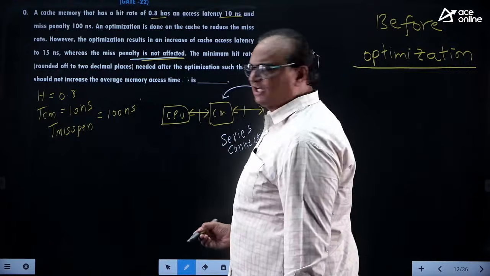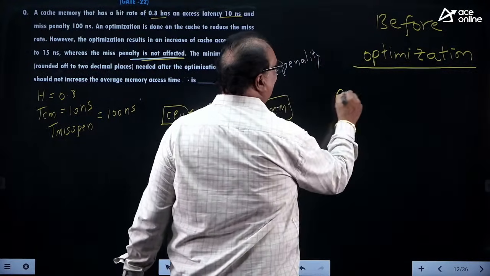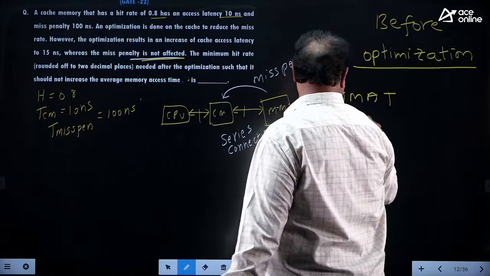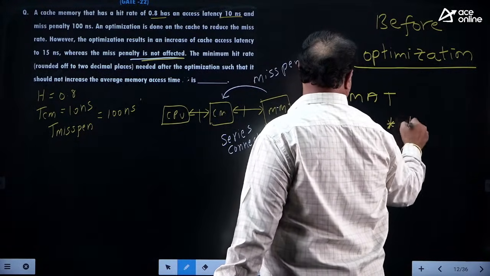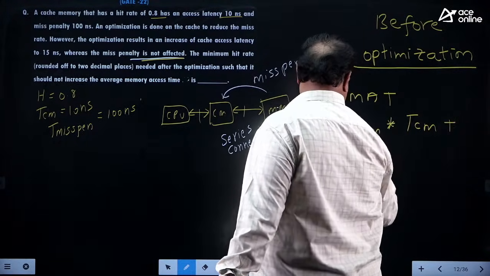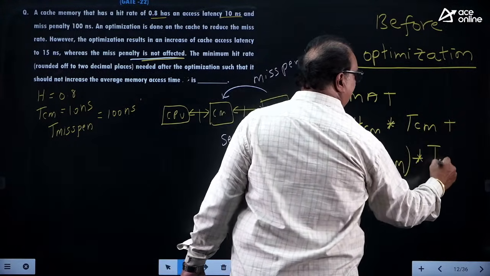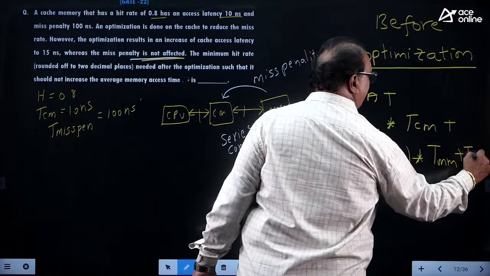Here it is a series connection. That's why average memory access time, AMAT, is HCM into TCM plus 1 minus HCM into TMM plus TCM.